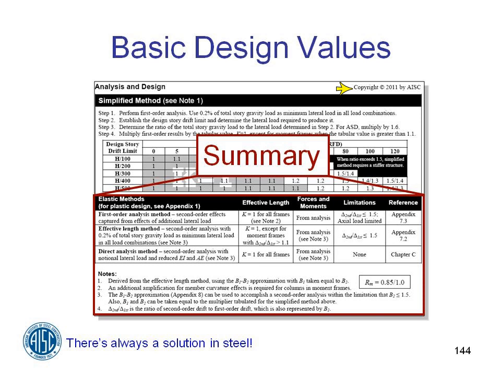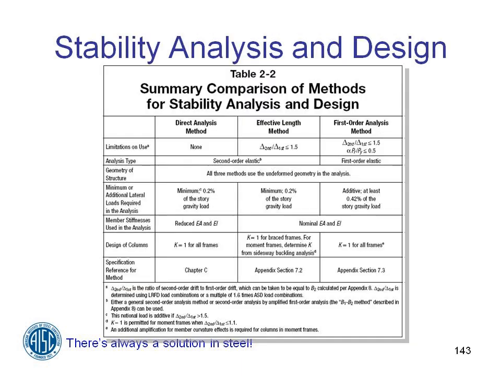And the version for the 2010 specification, you'll notice in the upper right-hand corner, has a copyright 2011. So this table on the bottom of that basic design value card is essentially the same as the table that you'll see in the manual, table 2-2. Okay, so giving you the same kinds of information.